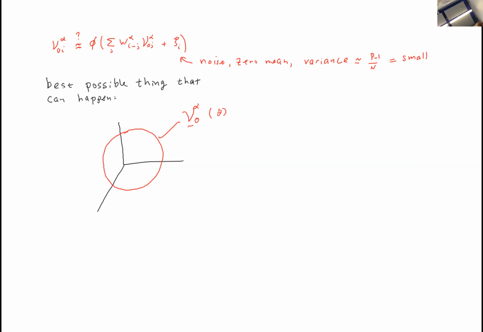Any point along this attractor is stable. So what we're hoping to happen is when we add noise, the line attractor just moves a little bit. So the best possible thing that can happen is the line attractor moves a little bit.